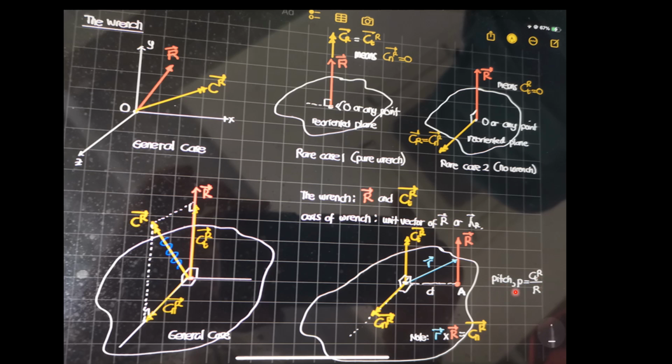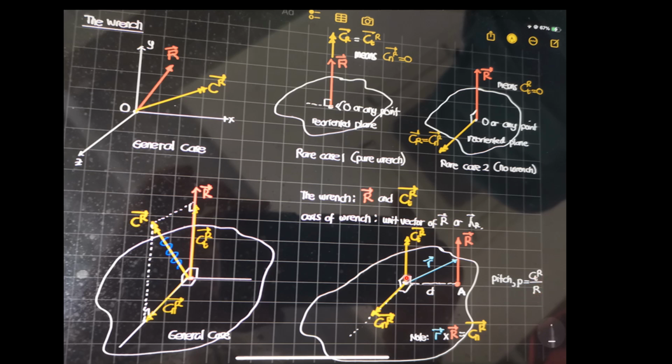So we call that the pitch, and the formula for that pitch therefore is equal to this tangential component of the resultant couple, which is in the direction of R, divided by the magnitude of R. So take note that this is in units of distance because this is Newton meter or kilonewton meter divided by kilonewtons, or Newton meter divided by newtons.